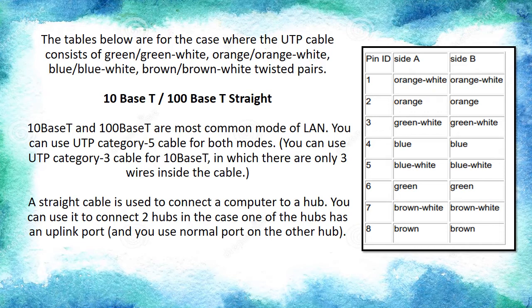Then pin 3, green-white, and for side B, green-white. Pin 4, blue for side A, then blue for side B. Then 5, blue-white. Then 6, green. Then 7, brown-white. And then 8, brown and brown.